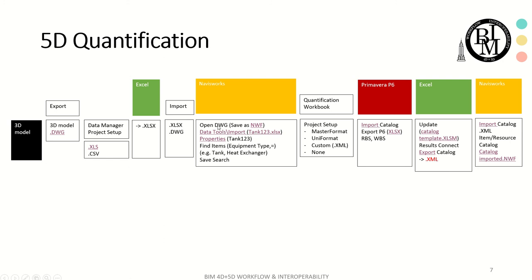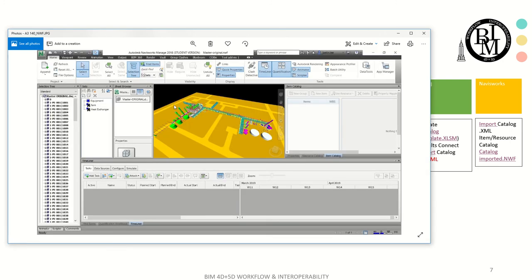So you open the DWG file, and then you can save as NWF, the native file format of Navisworks. Because Navisworks does not overwrite the DWG file, the native 3D modeling file format, you will have to create a Navisworks file from it, and then you can add more information onto this file format.